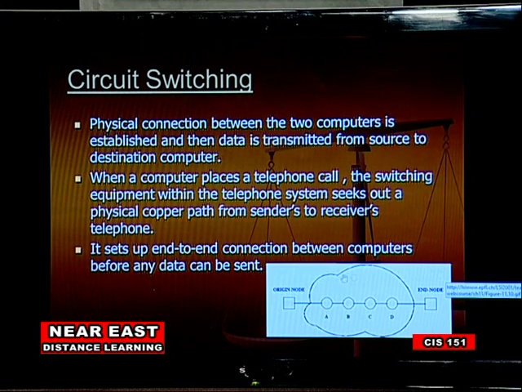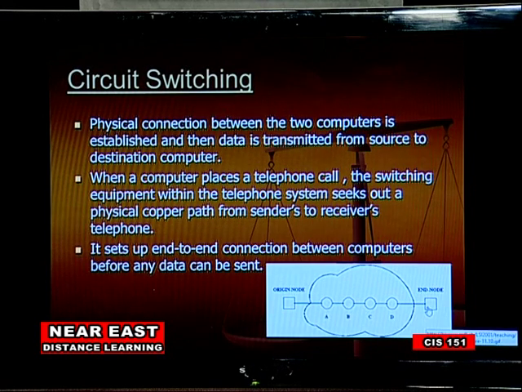As we see here in this figure, we have an end-to-end connection between computers. Let's say this is the end and this is the end. So from here to here, it goes through A, B, C, D. This is how the packet or the message will be sent from A to Z, and again from Z to A, depending on who is going to send first or receive first.